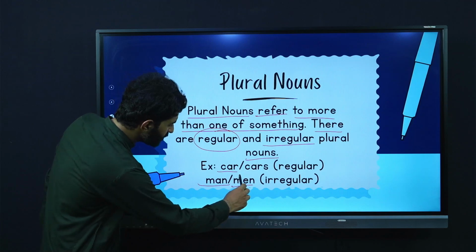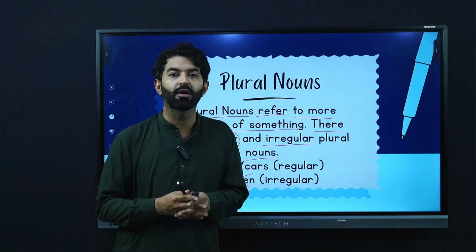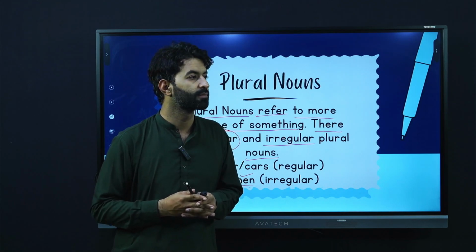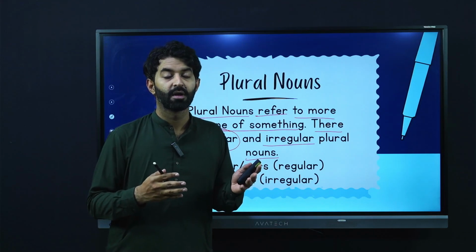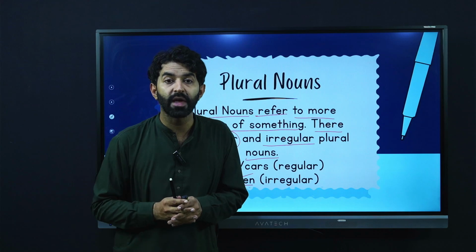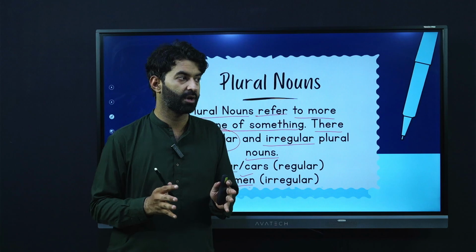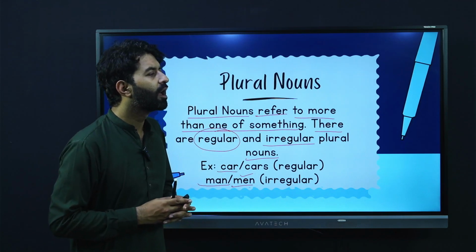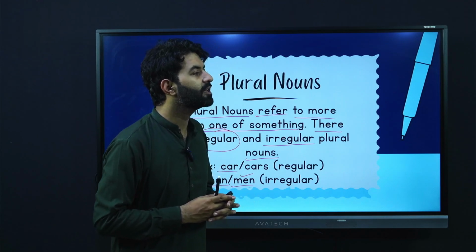So can anybody give me any other example of an irregular plural noun? Sir, foot and feet. Yes, foot and its plural is feet. It is an irregular plural noun. Any other example, please? Sir, person and people. Yes, that's right.